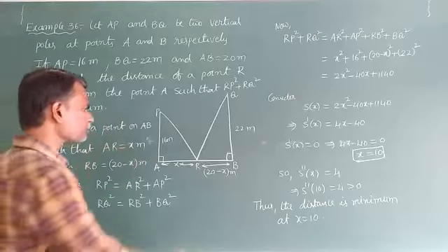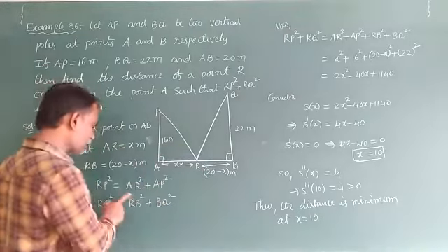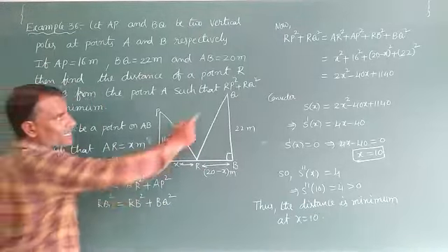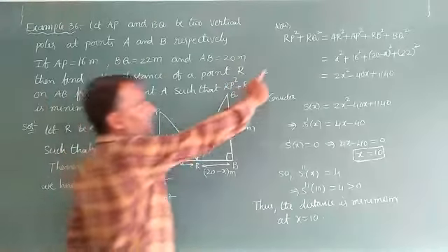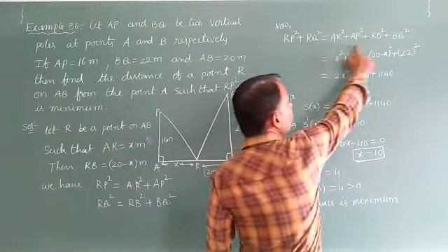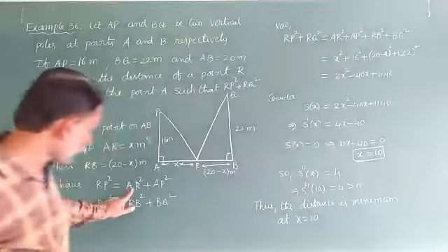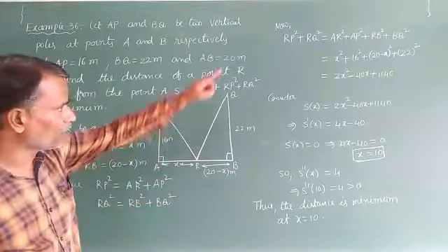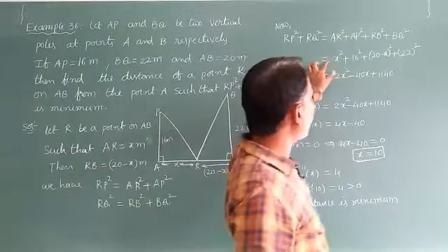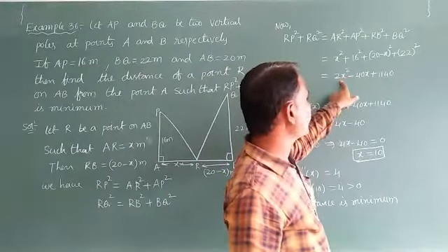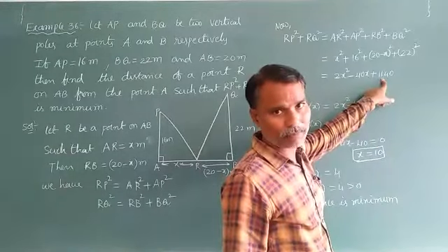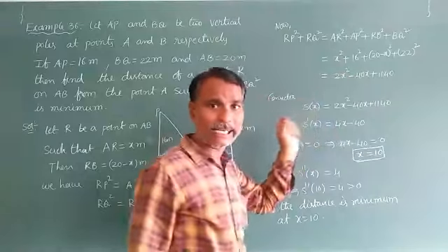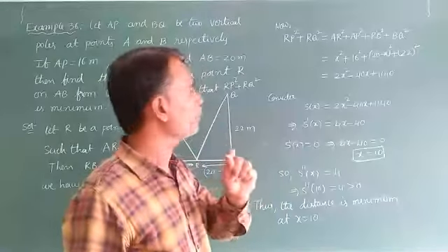But he is asking RP square plus RQ square, so I did the same work here for both. Then finally, after simplifying, we get 2x square minus 40x plus 1140. This is one expression in terms of x, a single variable.